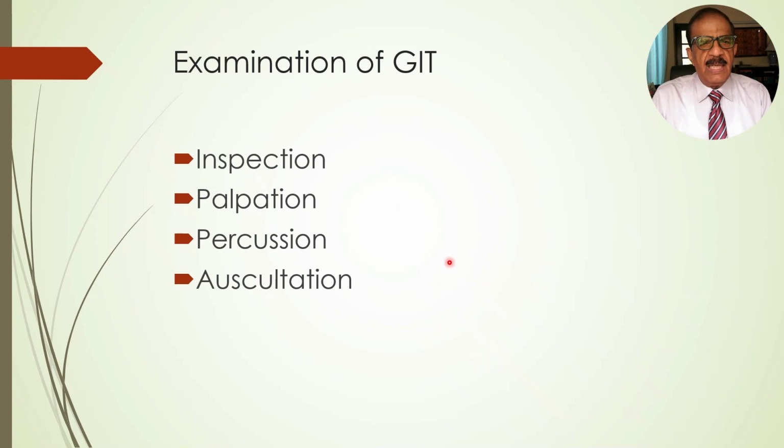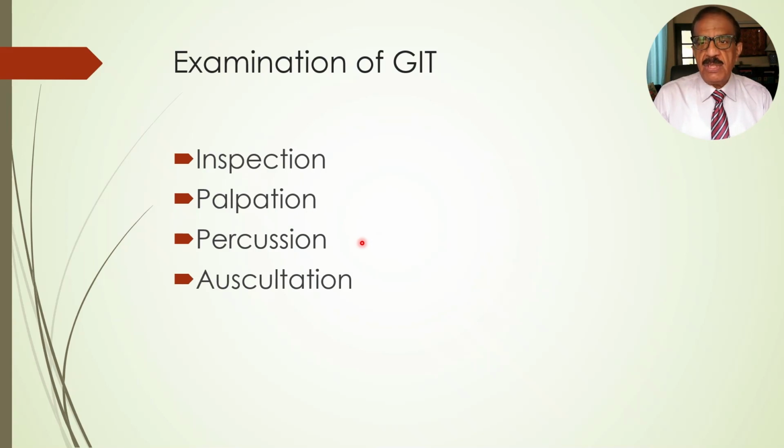Typically, examination of GIT consists of inspection, that is just looking at the abdomen from the front, from the sides and maybe from the back also, and looking at the genitalia. Then palpation: you first perform superficial palpation and then you examine different parts by deeper palpation.